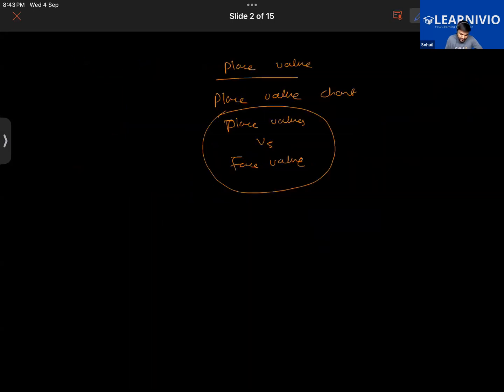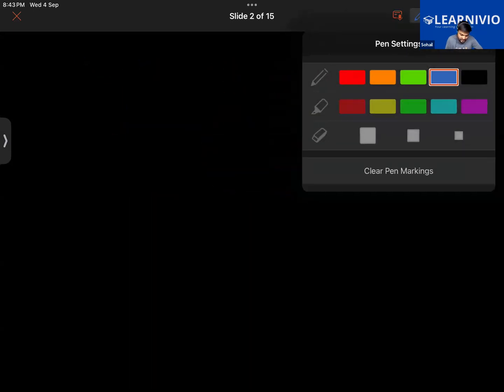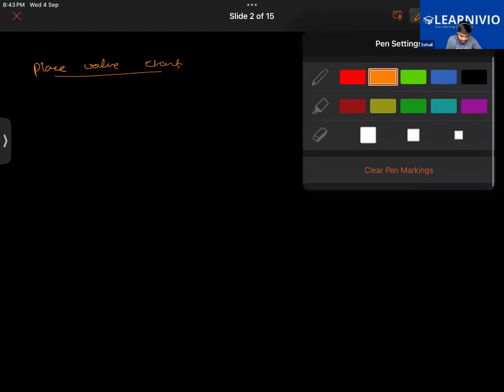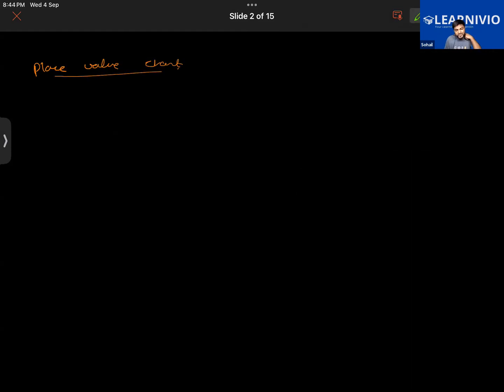Next thing we are going to revisit is the place value chart. What is a place value chart? Can you define it? What are the two different types of place value charts?